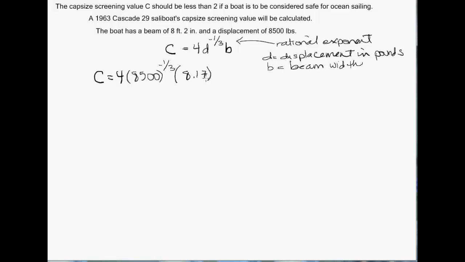Alright, so here is our formula with the values plugged in. According to the order of operations, the exponents are solved first. I'm not going to use the calculator to compute the exponent; I'm going to do it by hand so you can see it. So C equals 4, because that stays the same.